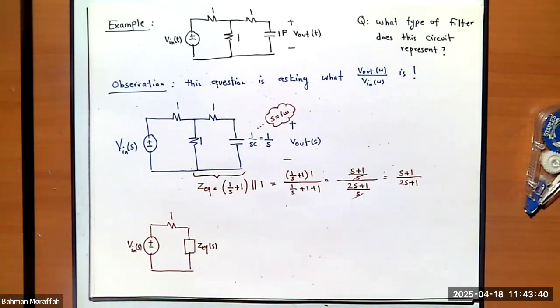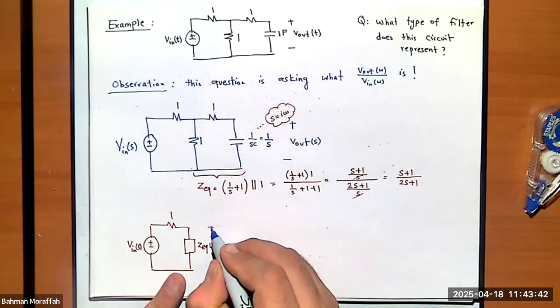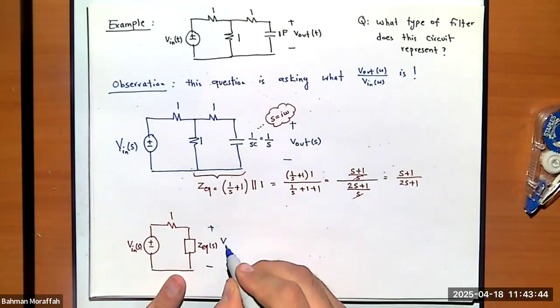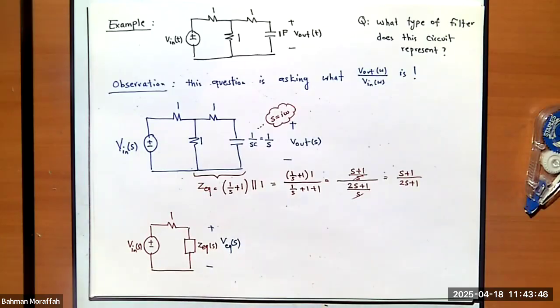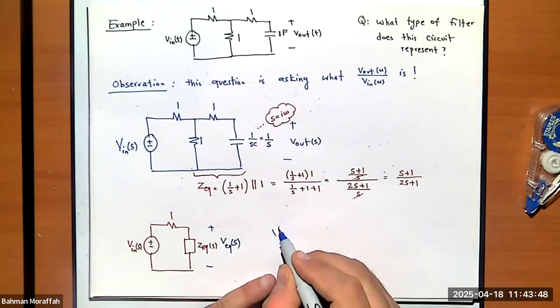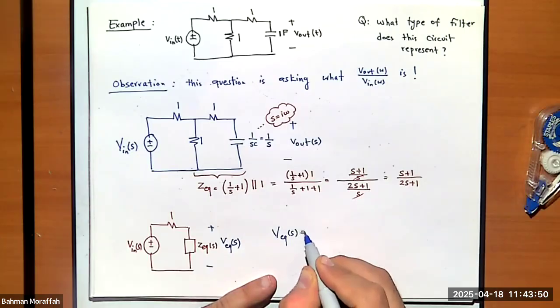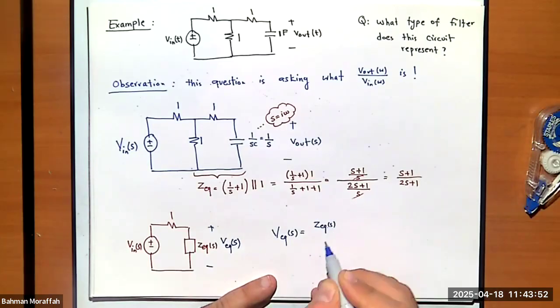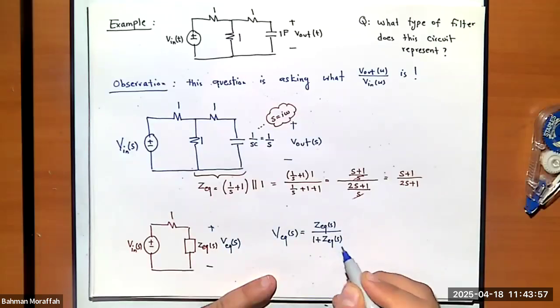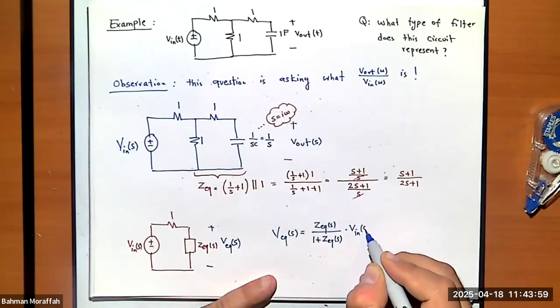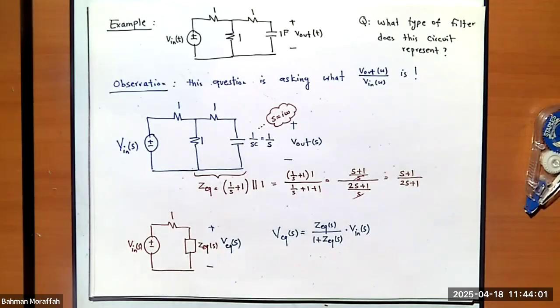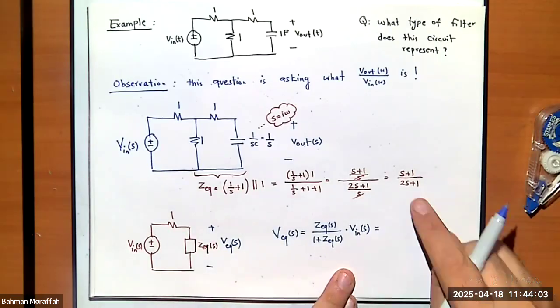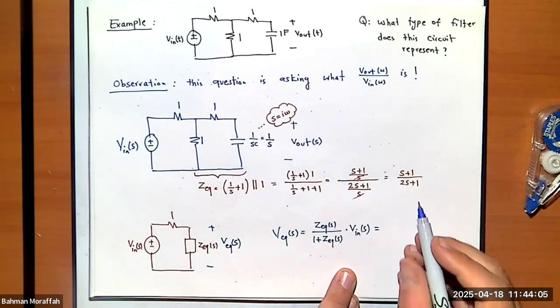So let's do it step by step. Let's call the voltage across this Z equivalent V equivalent of S. V equivalent of S is Z equivalent divided by 1 plus Z equivalent of S, times V in of S. Right? This is Z equivalent of S. I'm going to plug it in here.